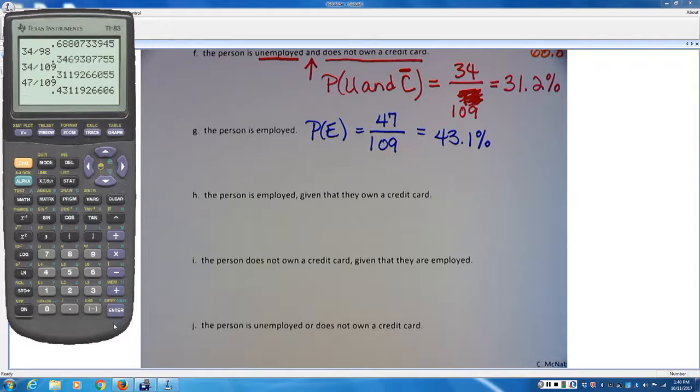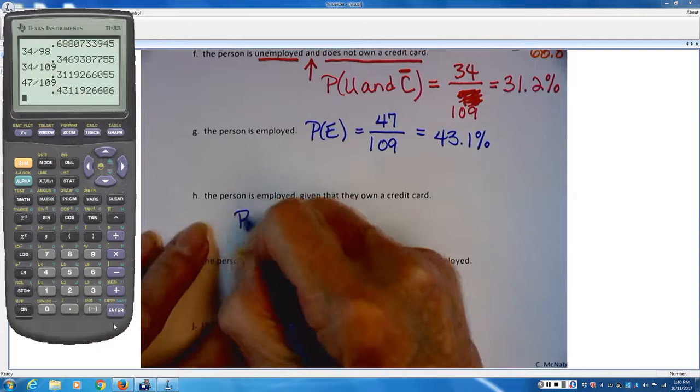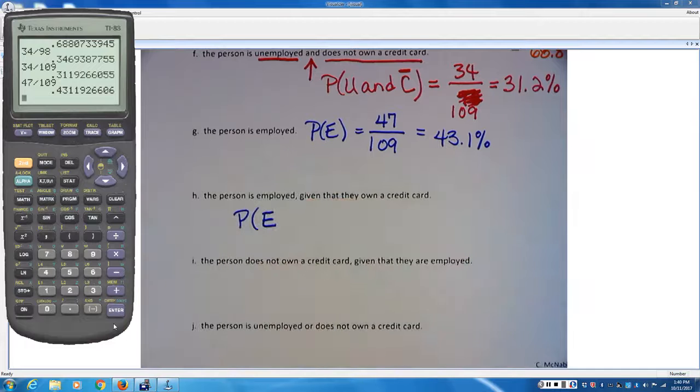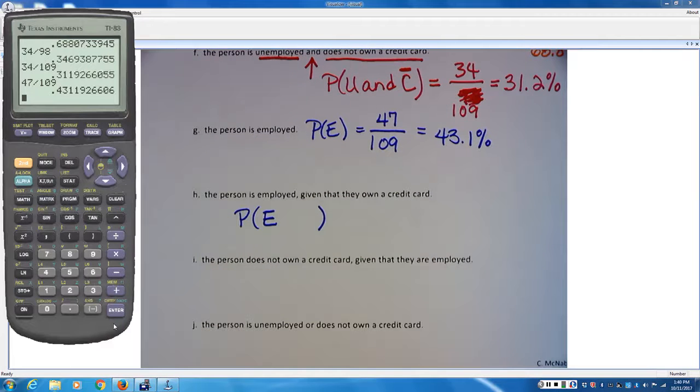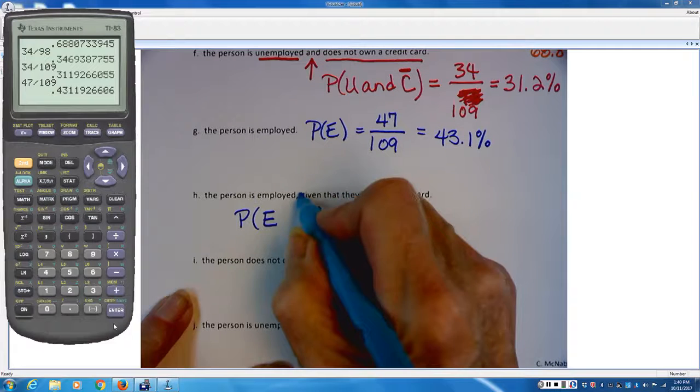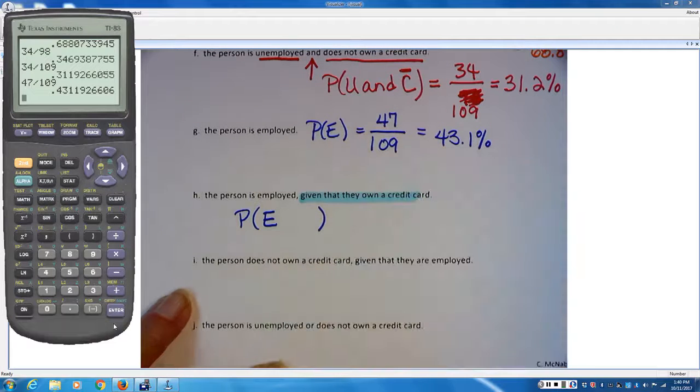Probability the person is employed, so that's probability of E. Then we have a condition. Given that they own a credit card.